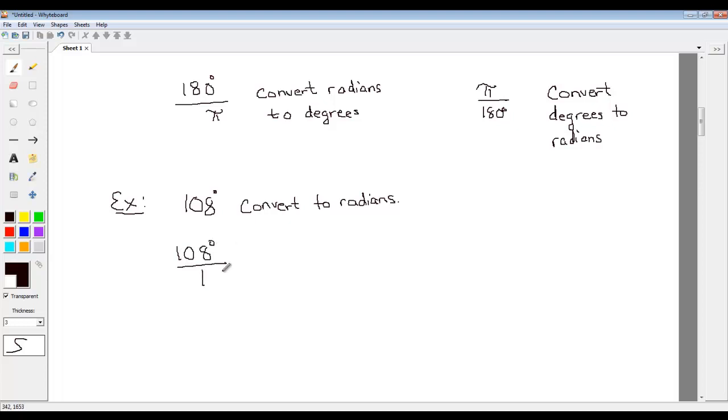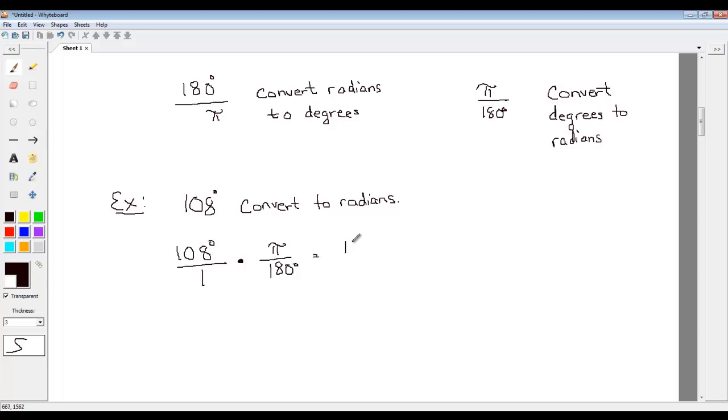So we're going to make this a fraction. The conversion factor we're going to use is pi over 180, because by having the 180 degrees on the bottom of the conversion factor, the degrees are going to cancel out, because degrees are a unit of measure. They'll cancel out, and that'll leave us with things in terms of pi, so we'll end up with radians.